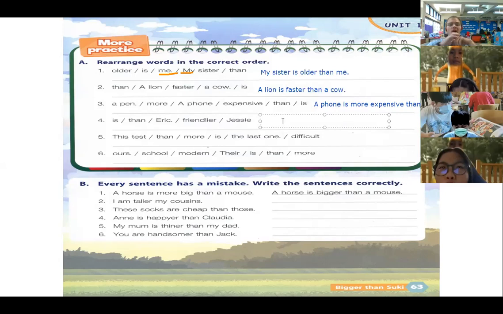So number 4, what do we start with? You have 2 options to start with here. No, you only have one, sorry, you only have one option. What do we start the sentence with for number 4?